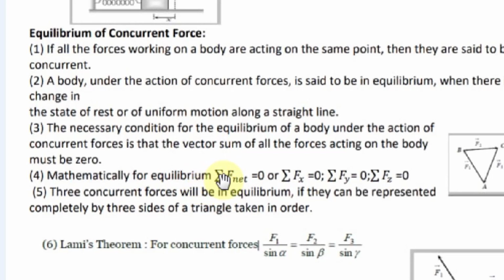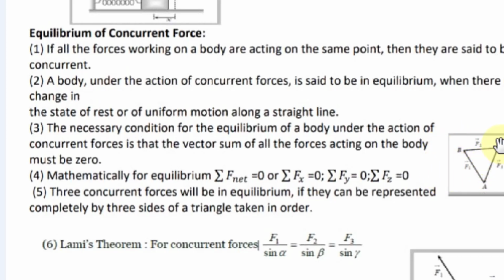So mathematically, if a body is in equilibrium, the summation of all the forces, the net force, must be 0. Three concurrent forces will be in equilibrium if they can be represented completely by three sides of a triangle taken in order, just like this.